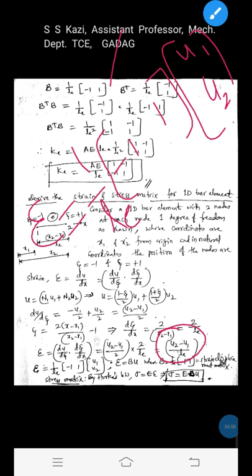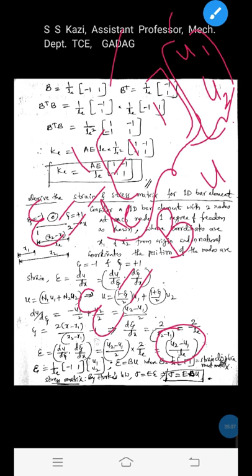If you write this in matrix form, we can write strain is equal to B into U, where this matrix is represented by B and U is the displacement vector, and strain is the strain for a single element. And what is B? B is called the strain displacement matrix, which establishes the relation between the strain and the displacement.